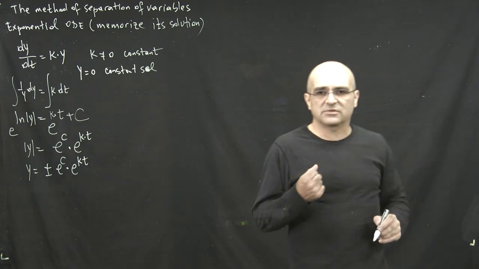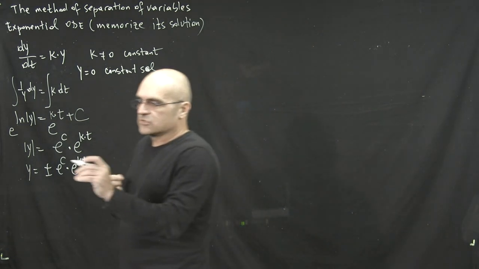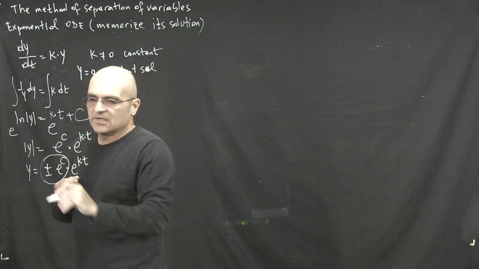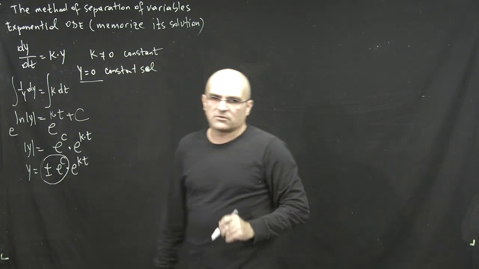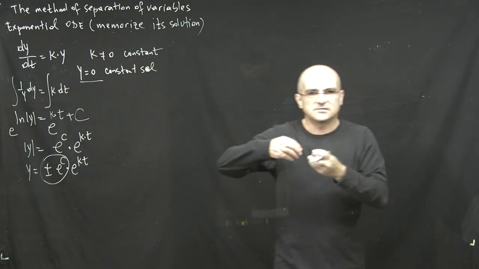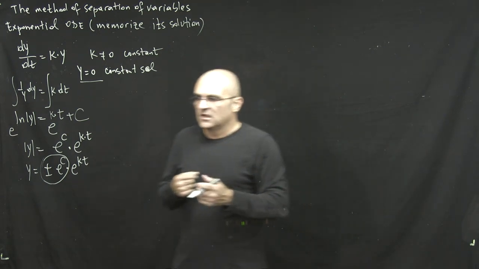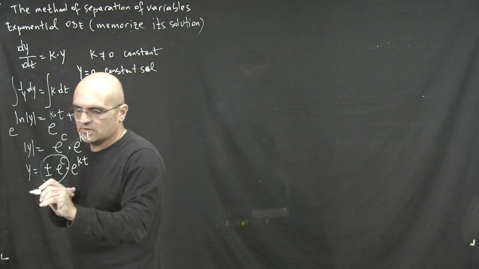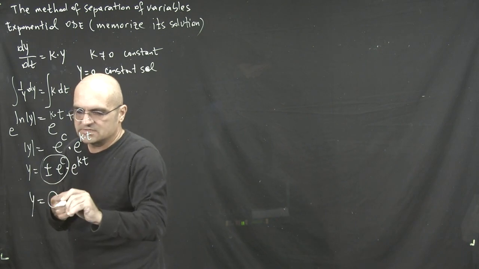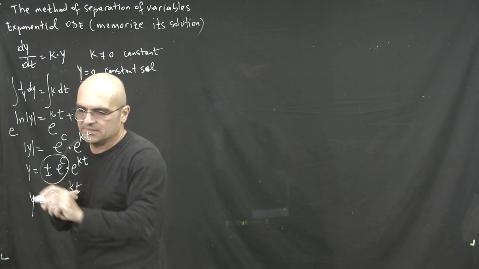Just remember from the previous lecture how we also ended up with plus minus e to the c, and we also had y equals 0 as a constant solution. So again, the same reason that we had in the previous part allows us to rename plus minus e to the c with another constant, c.